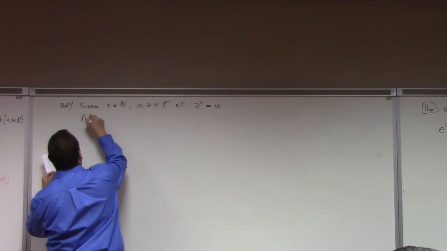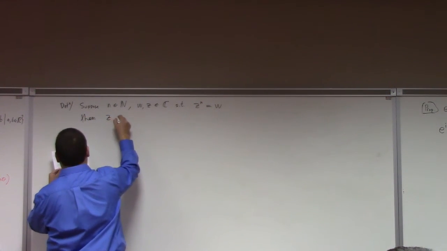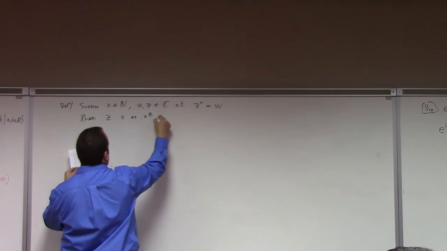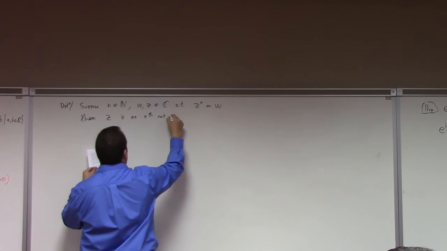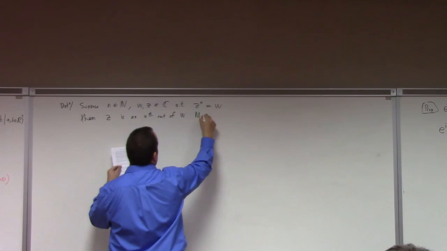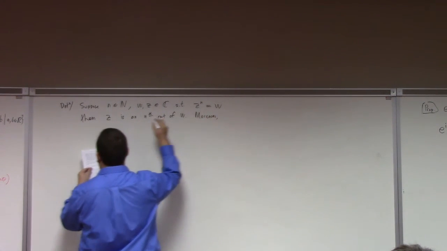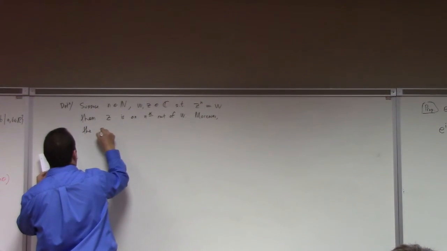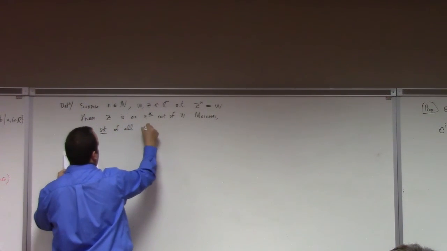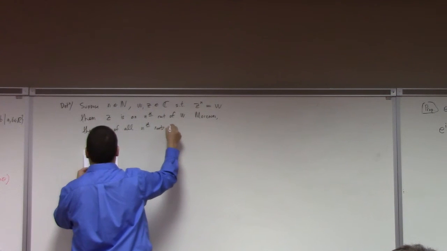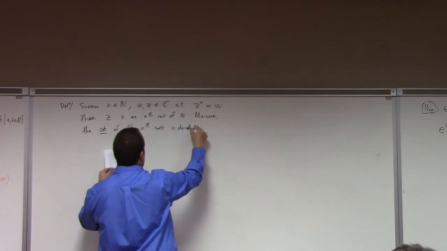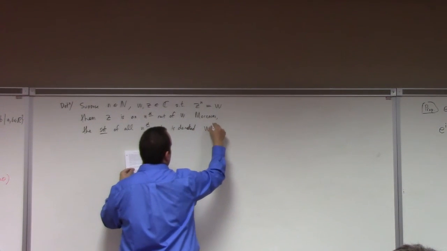Then z is an nth root of w. Moreover, the set of all nth roots is denoted w to the 1 over n.